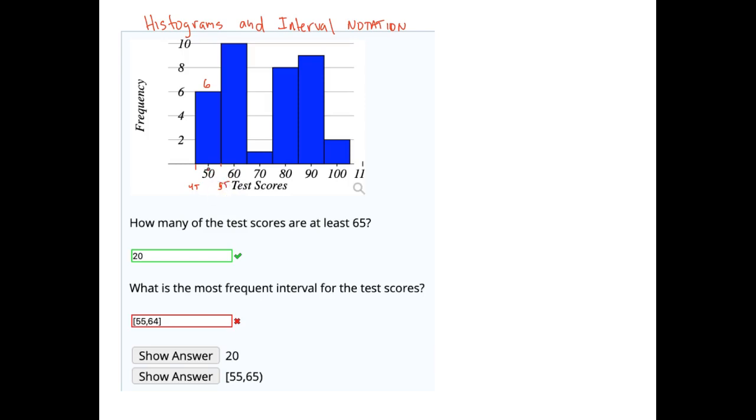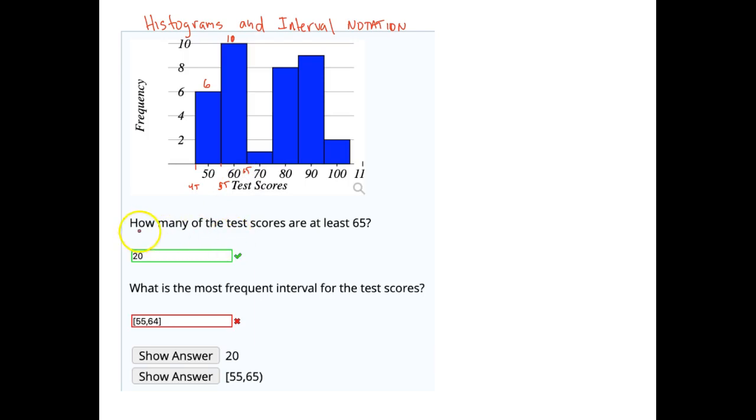Now, how do I know whether they scored 55, or if they scored 55, are they part of this group or this group here? Because we have 10 students here who scored from 55 to 65.